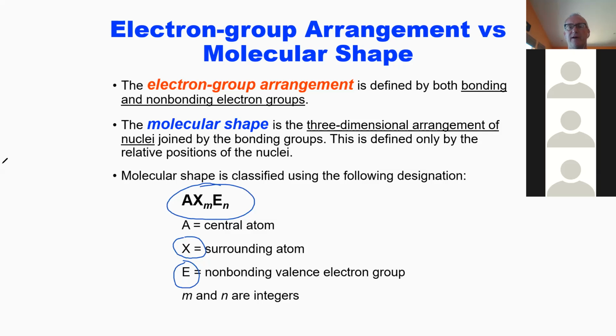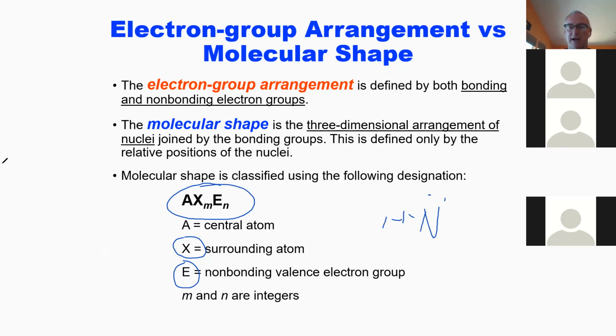Then you'd figure out, for instance, ammonia, NH3. It's got a lone pair on the nitrogen, shared pair there, shared pair there. You'd say, okay, A is the central atom. It's got 3 surrounding atoms, 1, 2, 3.